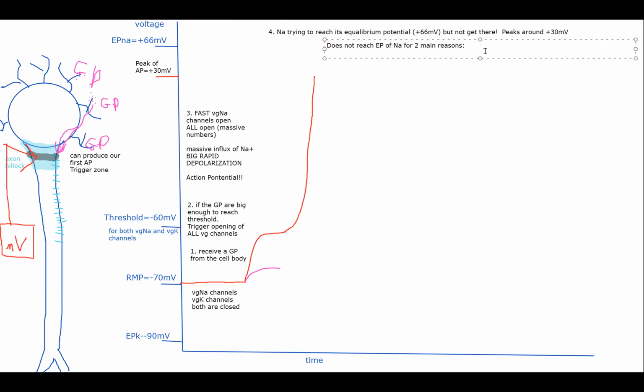The first of these is those voltage-gated sodium channels. Remember, they opened really quickly, but as we talked about, they're not stable in that open state. So the ball of the ball and chain wedges itself into the voltage-gated sodium channel.